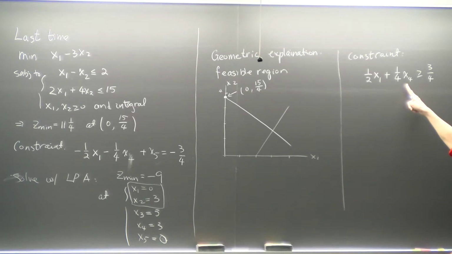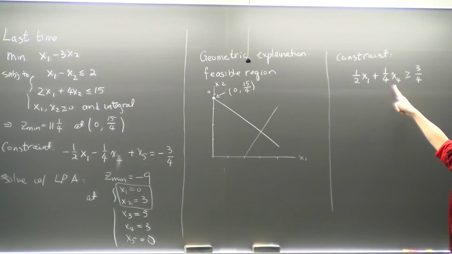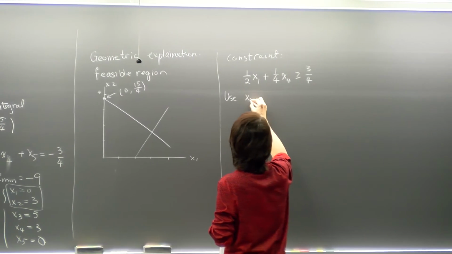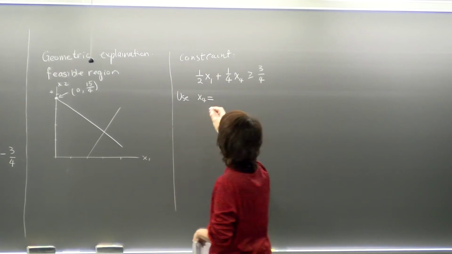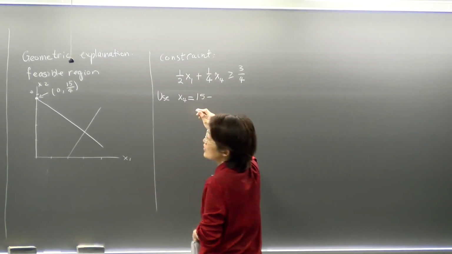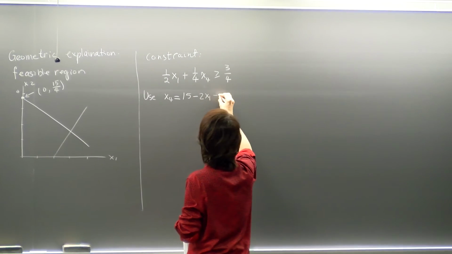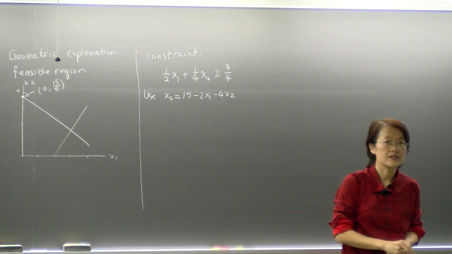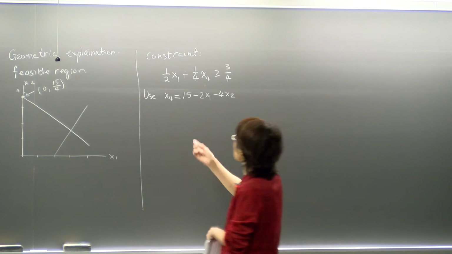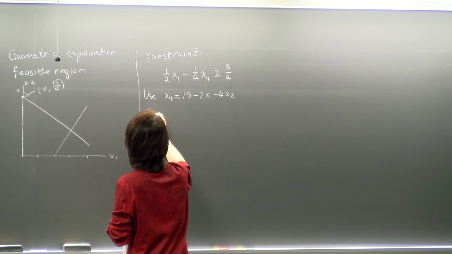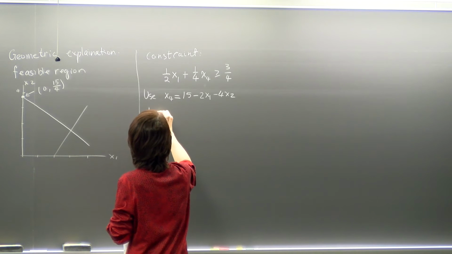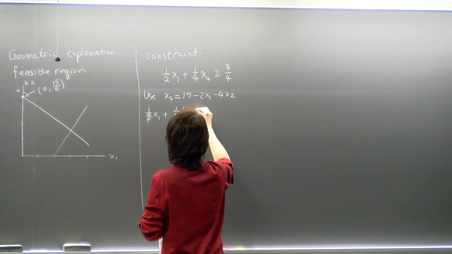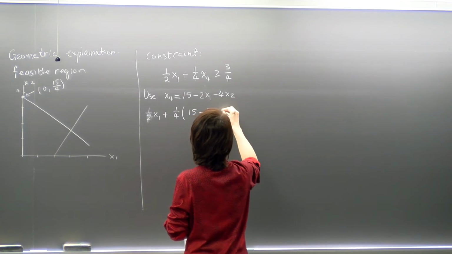I can easily replace x4. x4 is nothing but the slack variable, so I can use this relation. x4 will be 15 minus 2x1 minus 4x2. I can plug that in. Is that right? So let's do that computation in detail. Then I have a half x1 plus a fourth. Copy this.